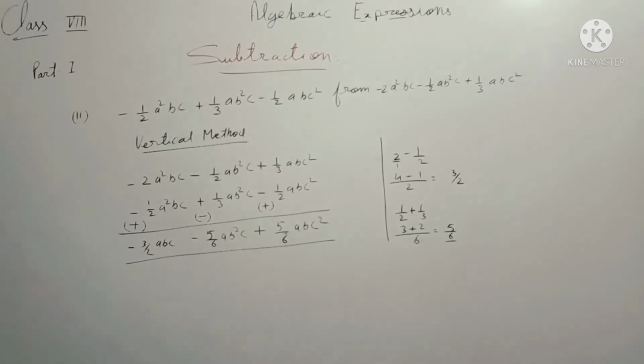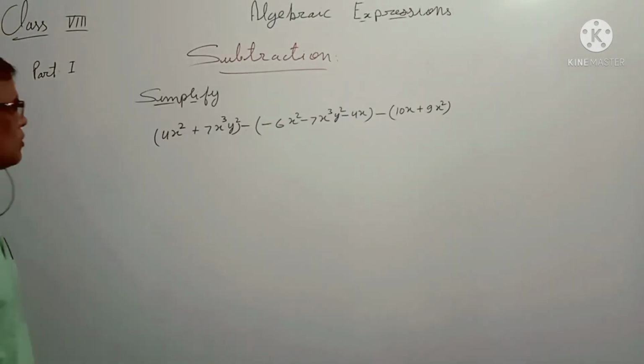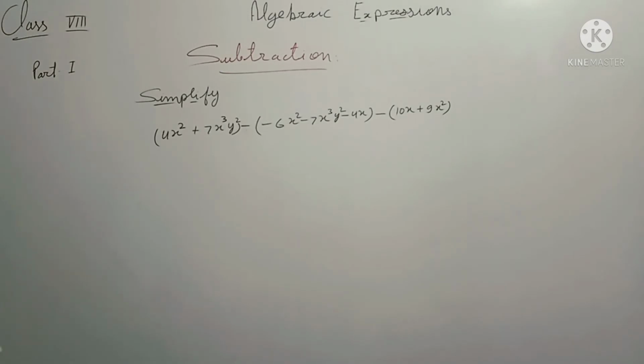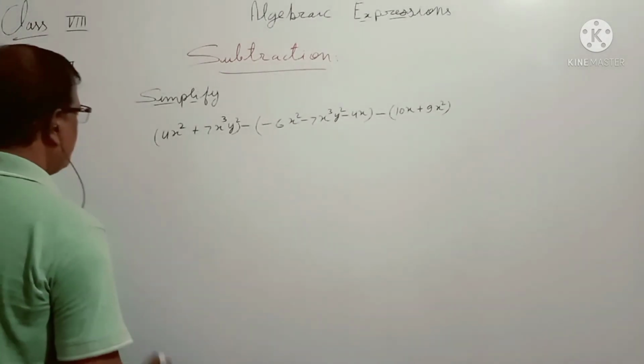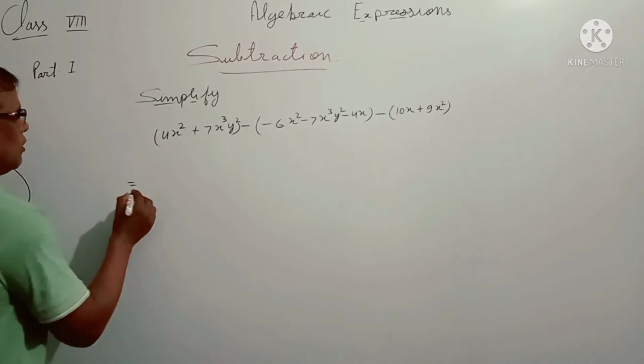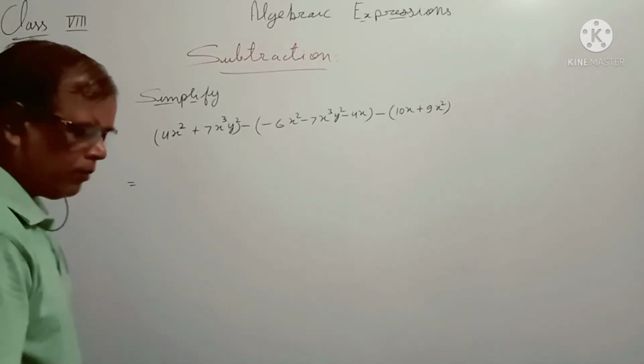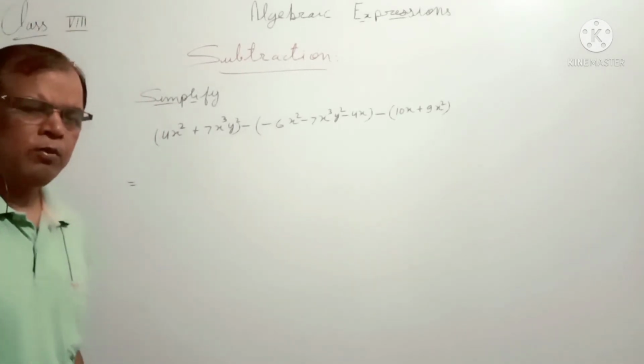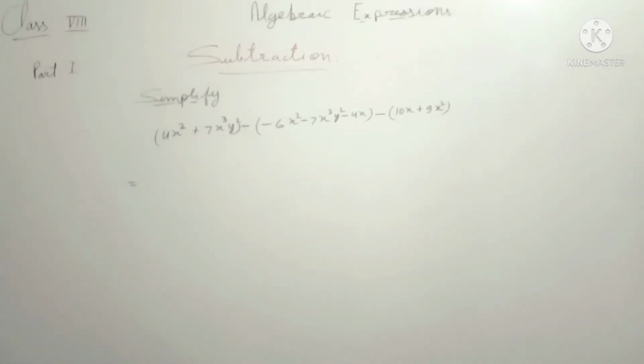Now we go to the second. Now we are going to solve the next question. It is of simplify, so we are going to simplify and solve it. In simplify, no one tells us whether to subtract or add.